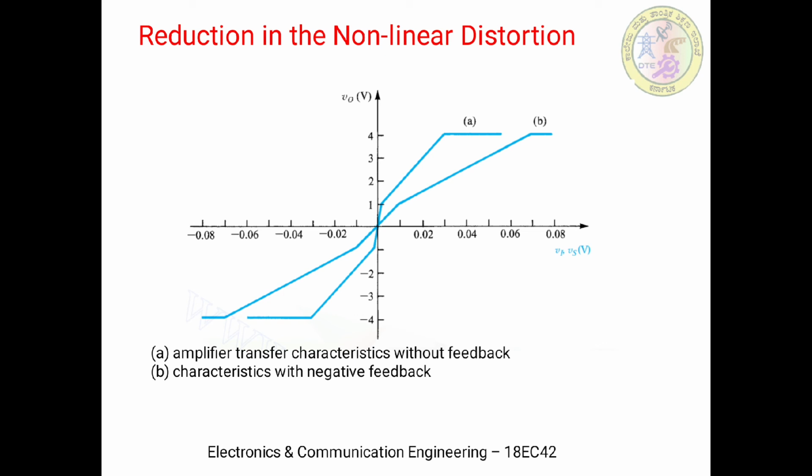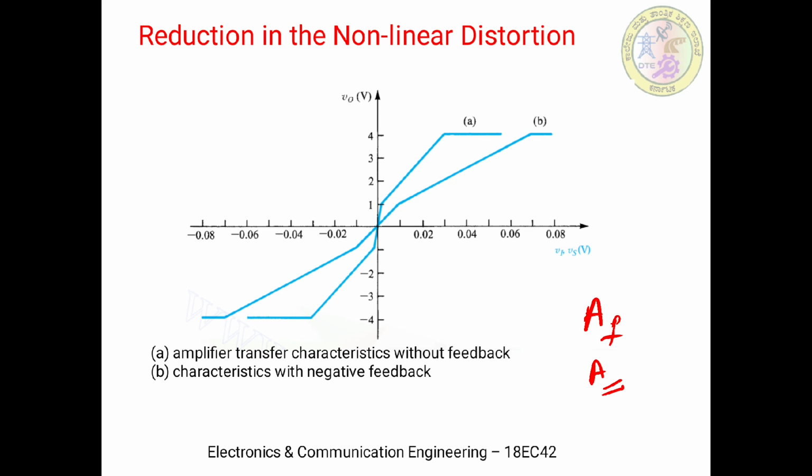The negative feedback reduces the dependence of the overall closed loop amplifier gain, indicated by AF, on the open loop gain of the basic amplifier, indicated by A. It means that AF is less dependent on A. If that is done, then we get a reduction in the non-linear distortion.